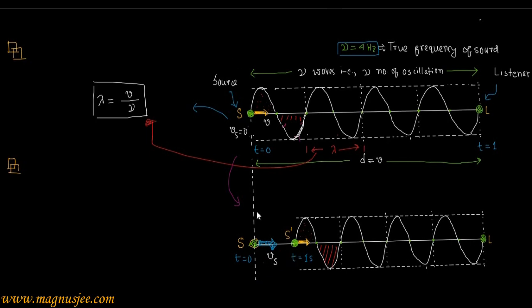And the distance traveled by the source of sound from S to S prime is Vs. Sound wave travels with a velocity v, the velocity with which sound wave propagates in the medium from source to listener.